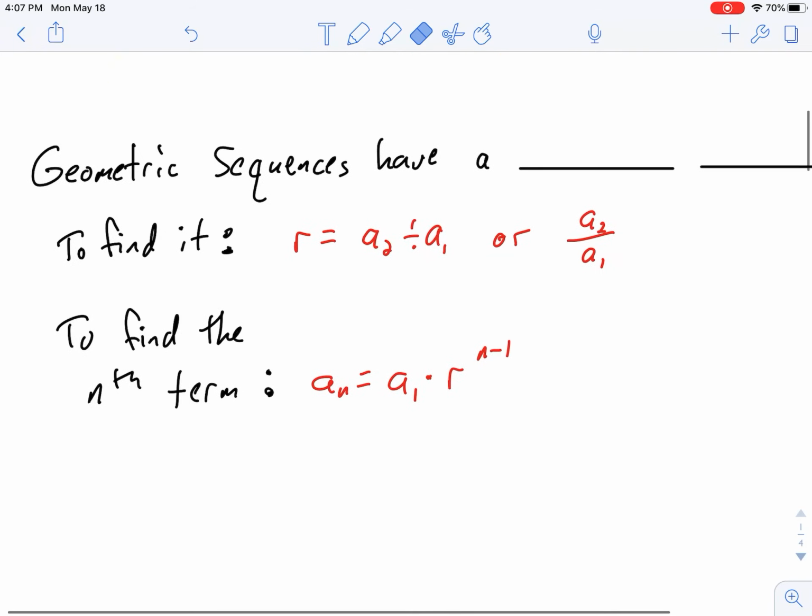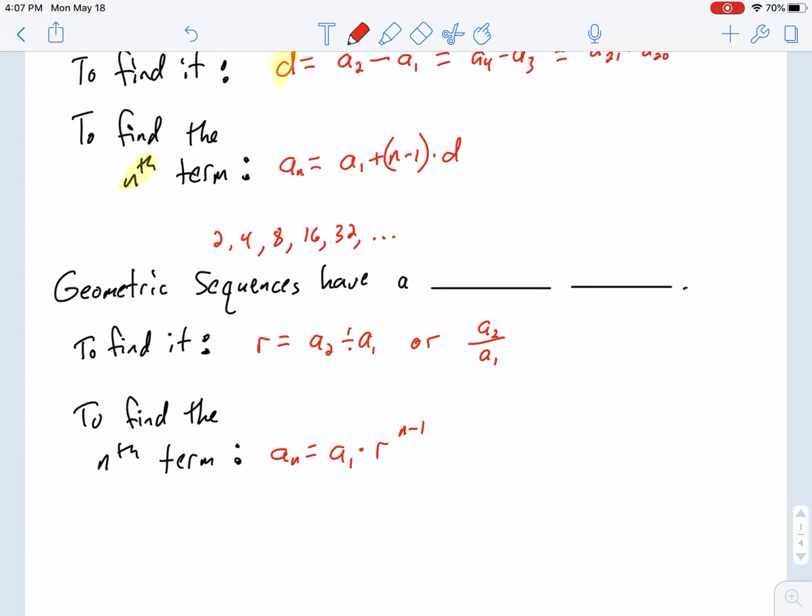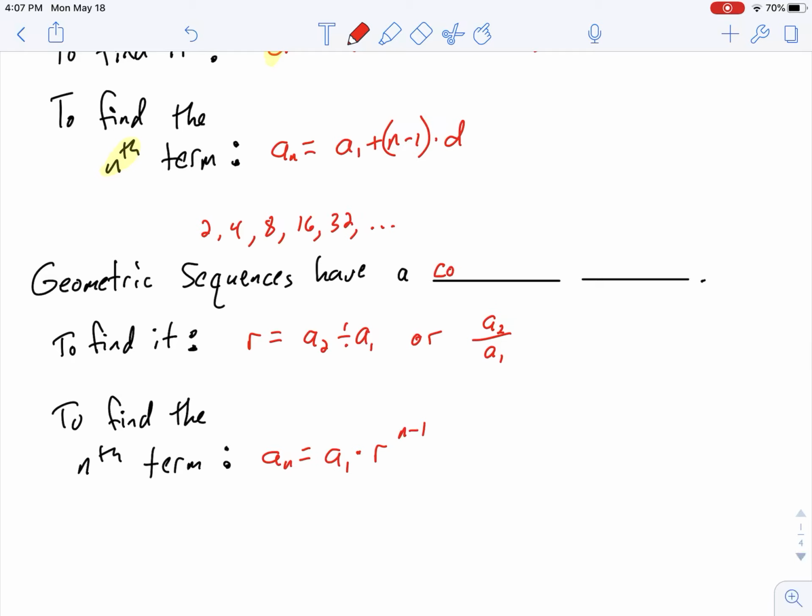Now a geometric sequence is a different type of number pattern. It might be something more like 2, 4, 8, 16, 32, dot, dot, dot. And again, it could go on to wherever, 50 terms, 100 terms, infinitely many terms. Geometric sequences have what we call a common ratio. Ratio basically means fraction.